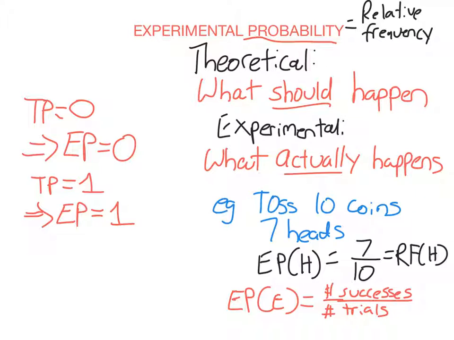It's 7 over 10. Of course, as usual, if the experimental probability is close to 1, it means that it happened most of the time. And if the experimental probability or relative frequency is close to 0, then that means it didn't happen much at all.